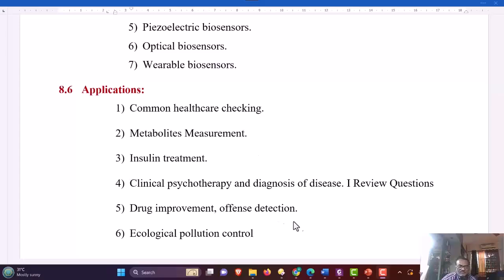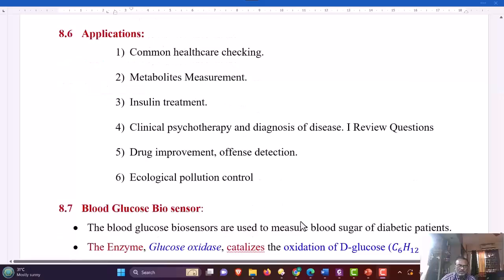Biosensors also find applications in clinical psychotherapy and diagnosis of diseases, in drug improvement and offense detection areas, and in ecological pollution control for detection of pollution.